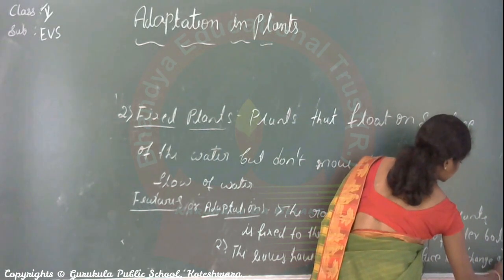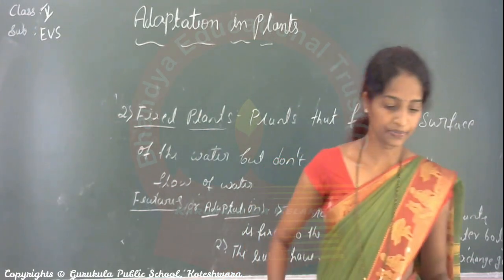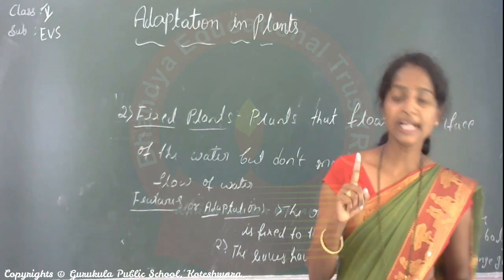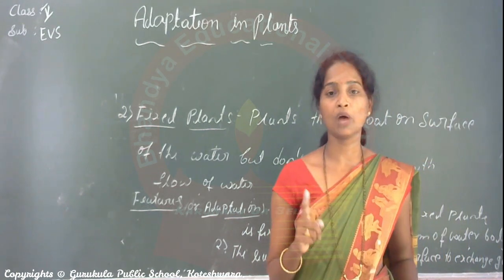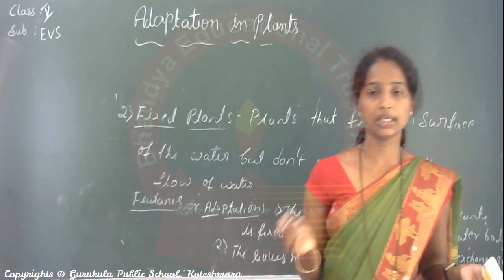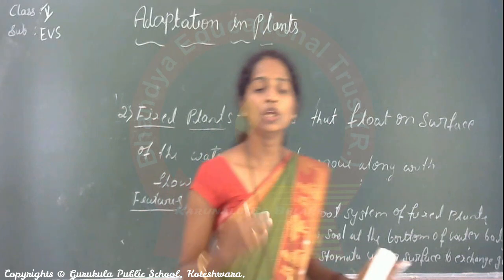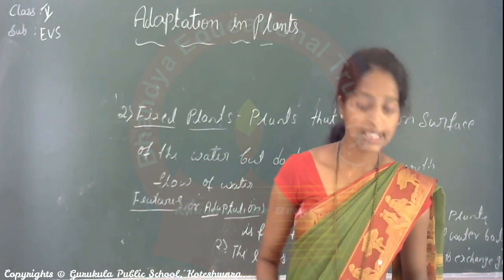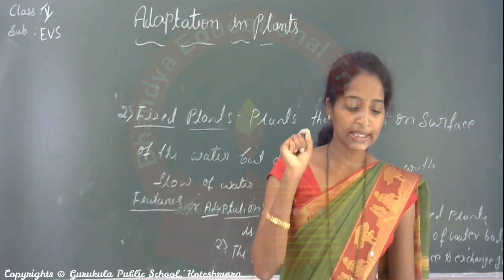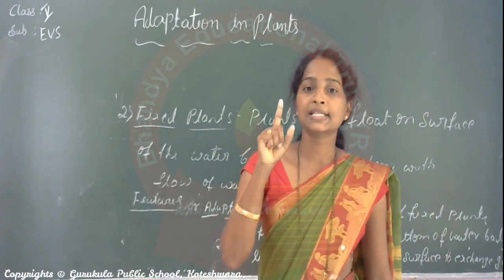The leaves have a long and slender stalk. The leaves of fixed plants are very long and slender. Slender means thin, and stalk means stem.